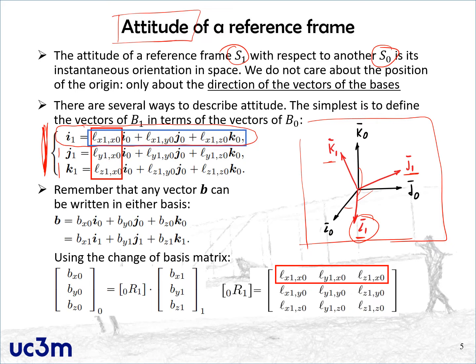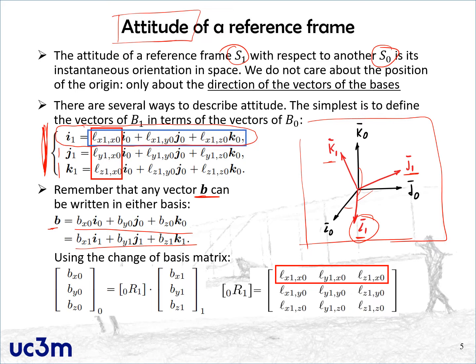For example, when we have a new vector, okay, any vector b, we will use these bases to express it and operate with it. So clearly, when we have more than one basis, we have multiple choices. We can describe that vector in one basis or in the other. All right, and as you know, this doesn't change the vector. The vector is just the same. It's just two different representations of the same vector.